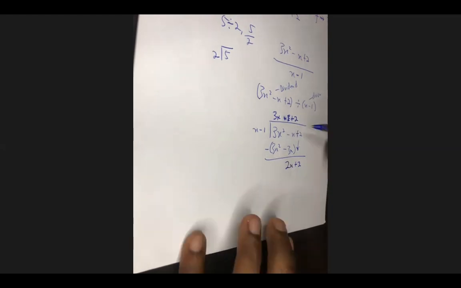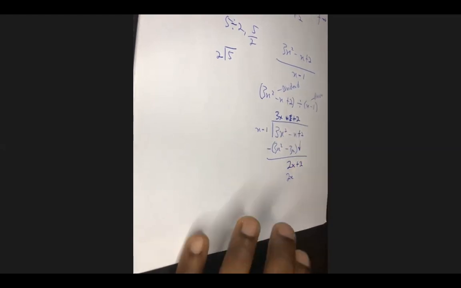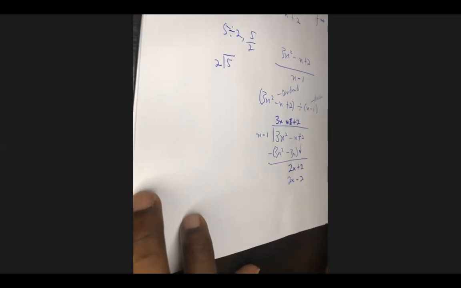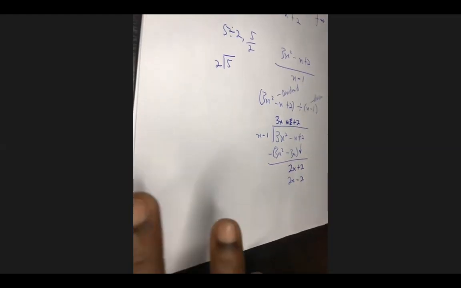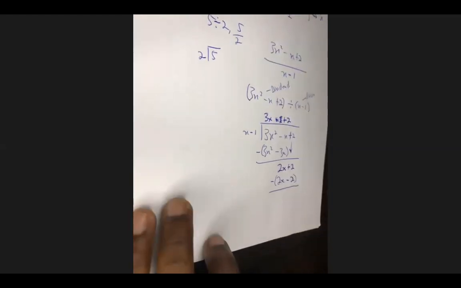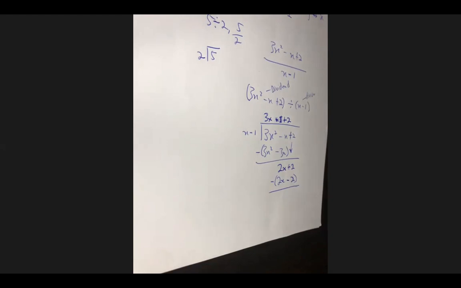So I have 2 times x, given as 2x, and 2 times negative 1, given as negative 2. Good. Just as in long division, we subtract the whole thing. So I have negative 2x plus 2x, which is 0.